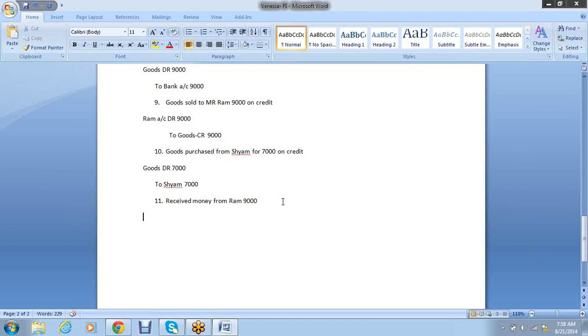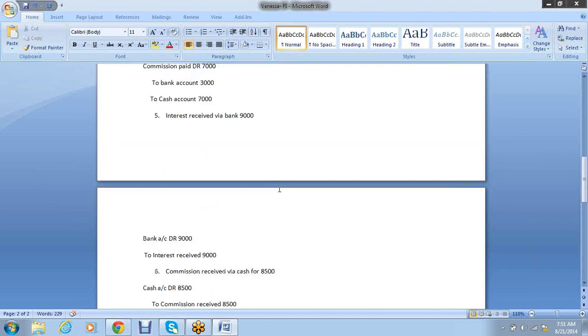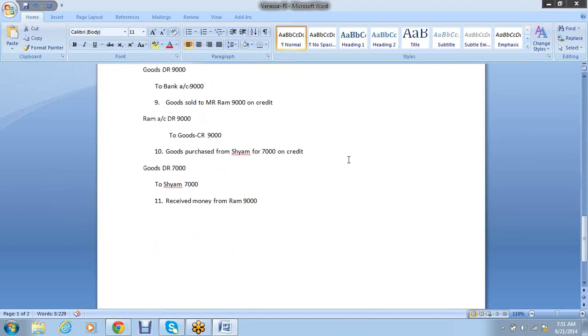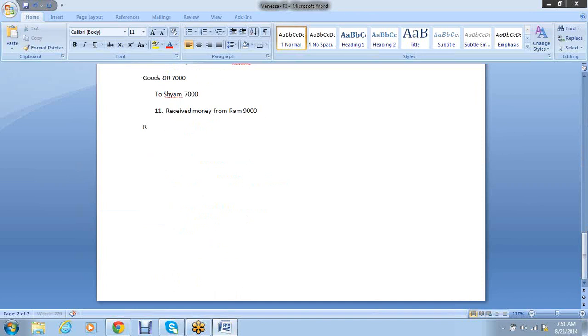So what will be the entry? Ram is a personal account. So what is the rule? The giver is credited. So the Ram account will be credited.